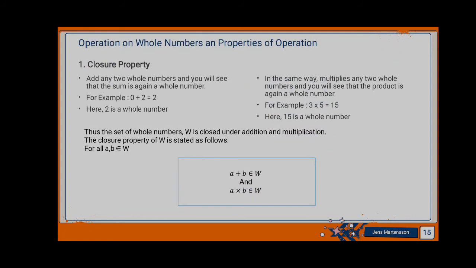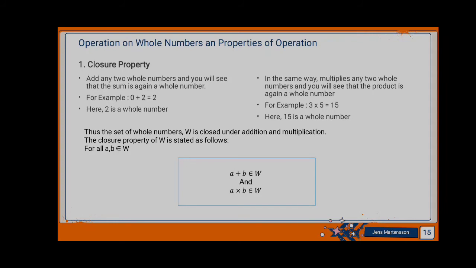First, closure property. Add any two whole numbers and you will see that the sum is again a whole number. For example, 0 plus 2 is 2. Here, 2 is a whole number. In the same way, multiply any two whole numbers and you will see that the product is again a whole number.